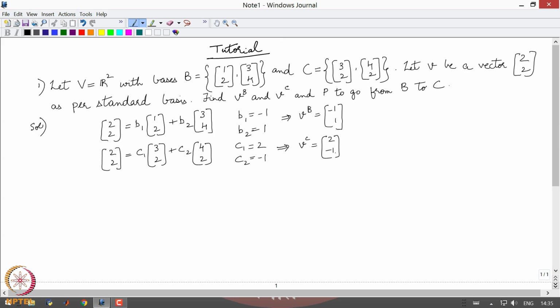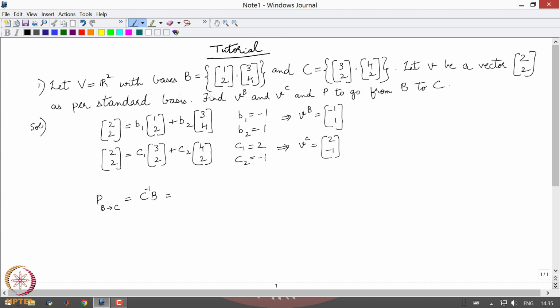Now, we are asked to find the change of basis matrix P to go from B to C. This we have actually looked into a formula during the lectures, which is given by C inverse B, where C is the matrix containing the basis vectors of C as columns and B is the matrix containing the basis vectors of B as columns.